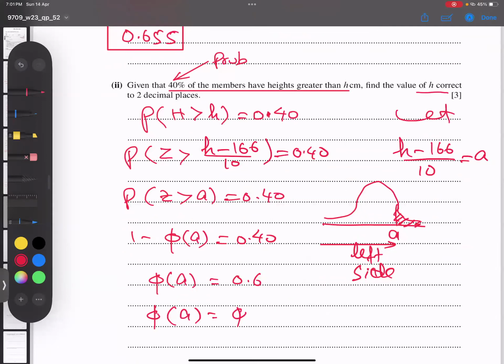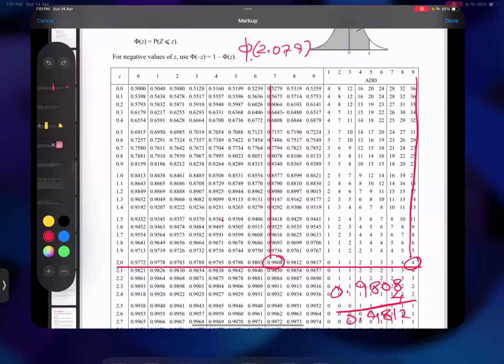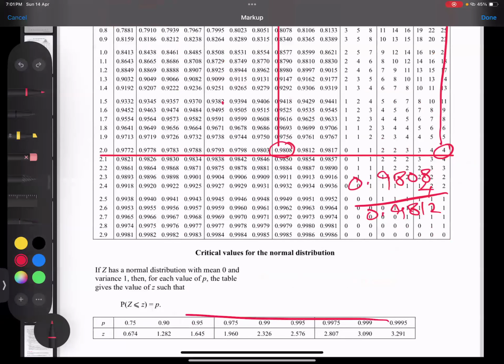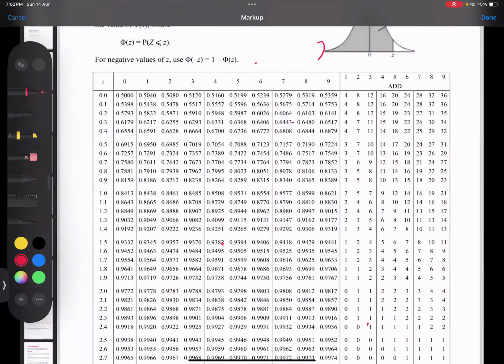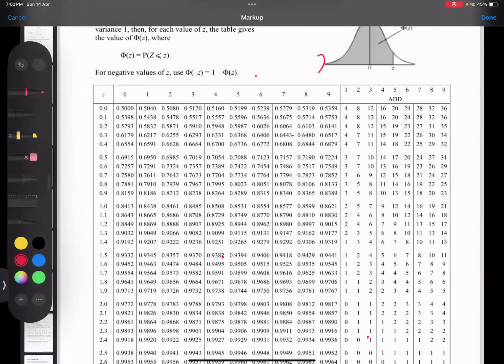I'm looking for the phi of what value will give this probability, 0.6. Sometimes the probability is given down below, but if the probability 0.6 is not mentioned, then I will go and check from here. So let's try to find 0.6. So 0.6, students, 0.5987.